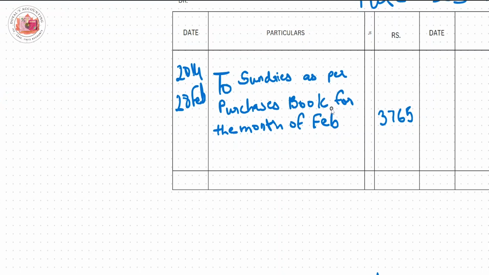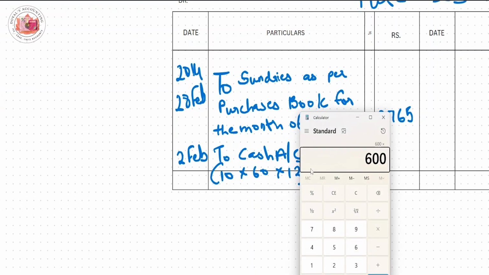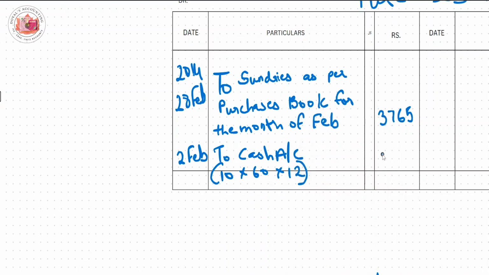To sundries as per purchases book for the month of February. 2nd February, and it has to be in chronological order, so the 2nd February entry ideally should be above there, but I am doing this to cash account. 10 into 60 into 12. 600 into 12. 6 12s are 72. Okay, I was correct. 7,200.